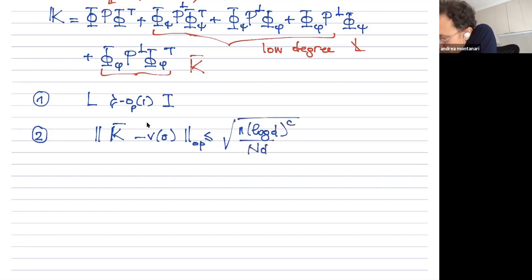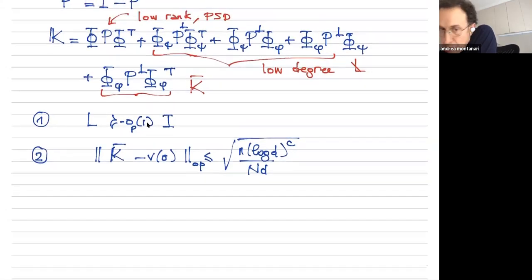So this should clarify why I don't expect this bound to be tight: we have this low rank part, which will not change the minimum singular value, and this low degree part will not raise the minimum singular value either.